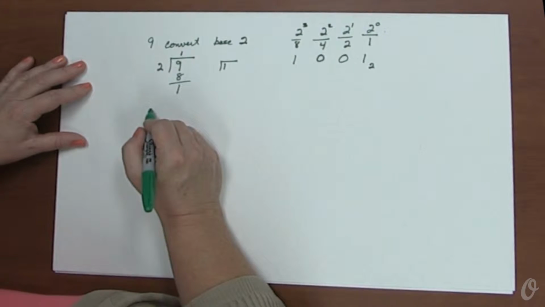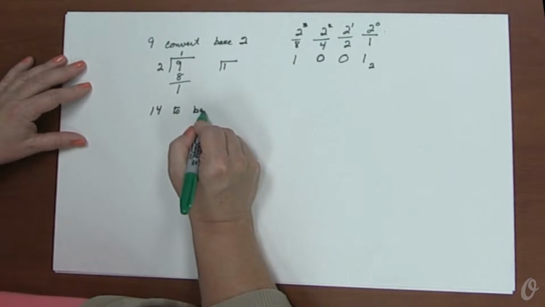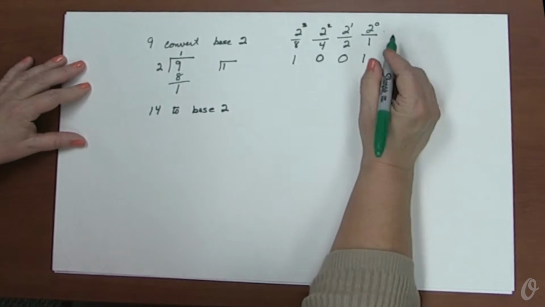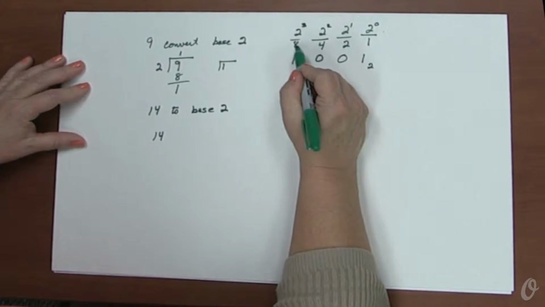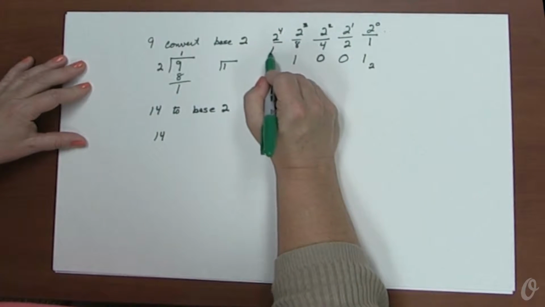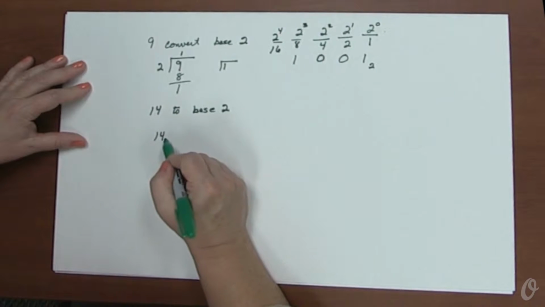Now I'm going to convert 14 to a base 2. Taking my 14, I see that I have an 8 here. If I look at 2 to the 4th, that's 2 times 8, which is 16. So 16 is too big.